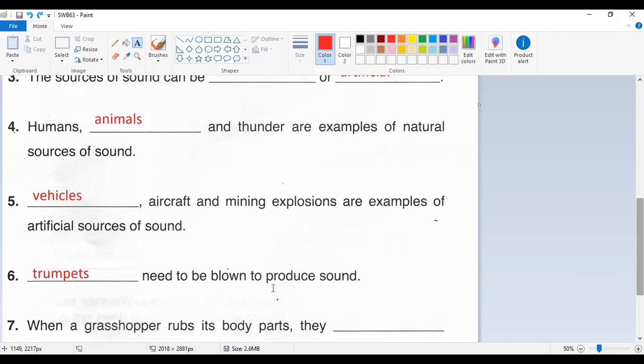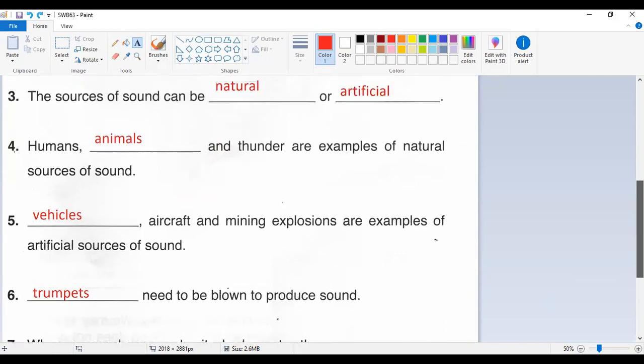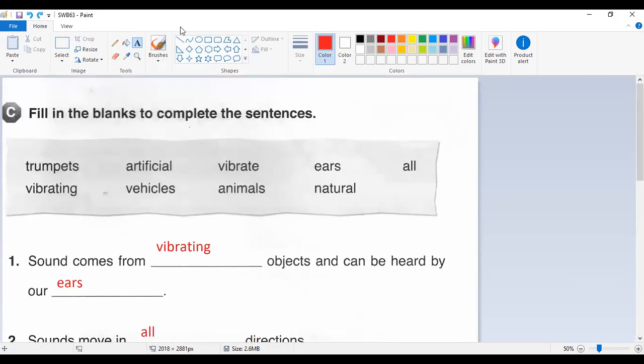And that means the last one is, let's find out what the last one is. We've got trumpets, we've done vibrating, we did artificial, we did vehicles, we did natural, we did animals, we did ears. Number 2 was all directions.